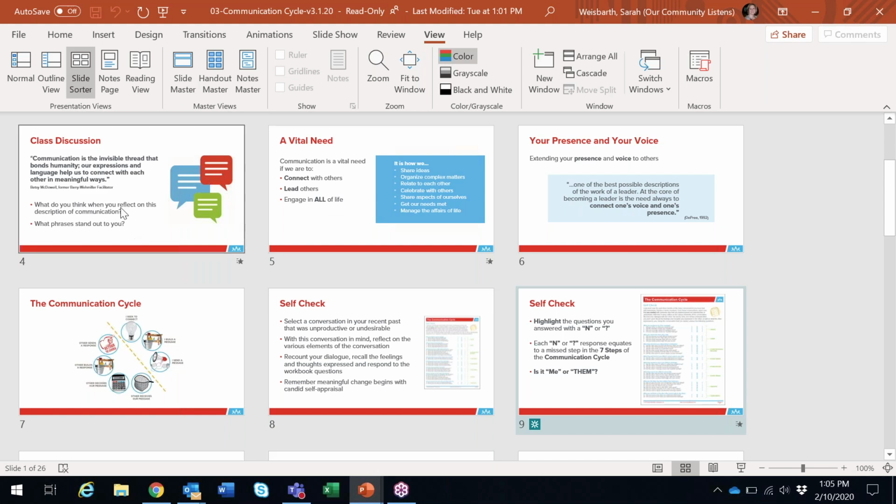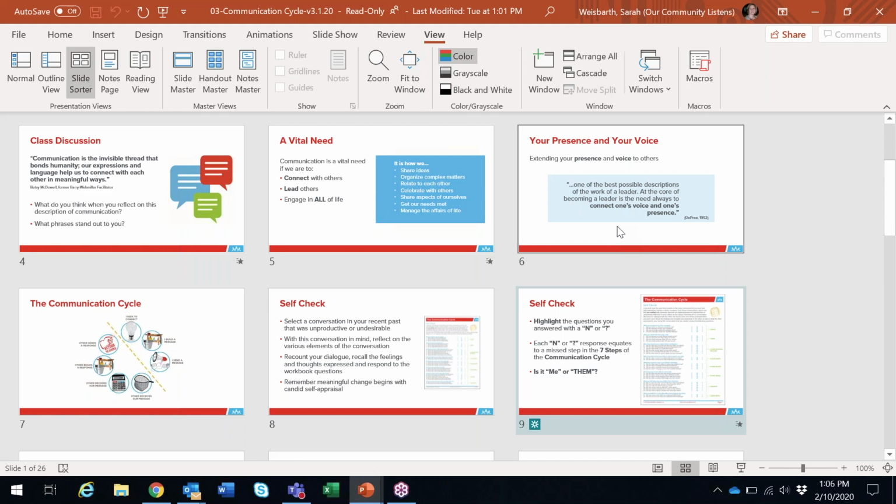And so this discussion will then lead us into this vital slide, which we've already really talked about. And then really bringing it home with the presence and voice. And this is where the Zoe story resides from Max Dupree, where we share either that story in a way that we create connection and personalization to it, or we can share a story of our own about a time where someone really impacted us with their presence in our lives.